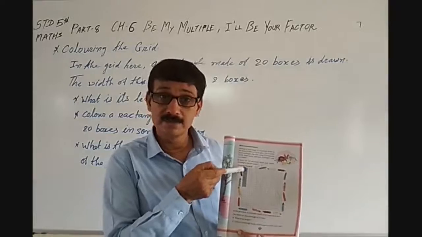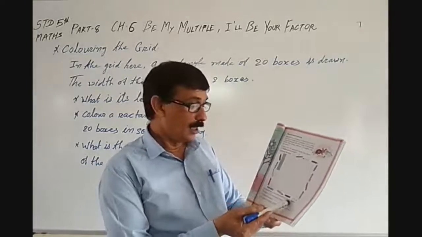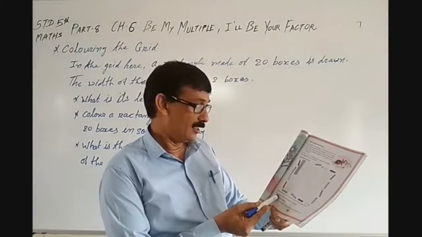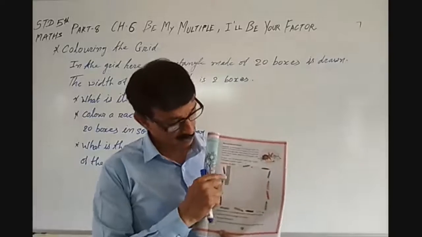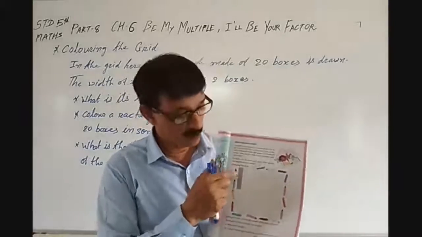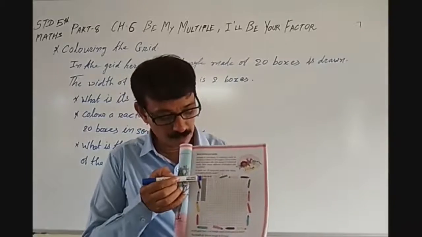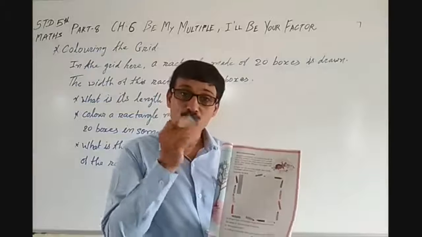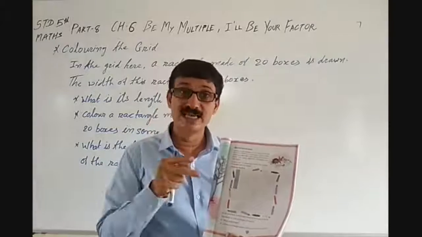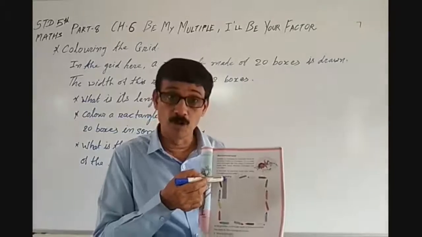This gray part, in which the width of this rectangle is 2 boxes. Can you see, 1 and 2, it is 2. Last time I told you, if that is a column, then it is a width. See, this is a width of 2 boxes.